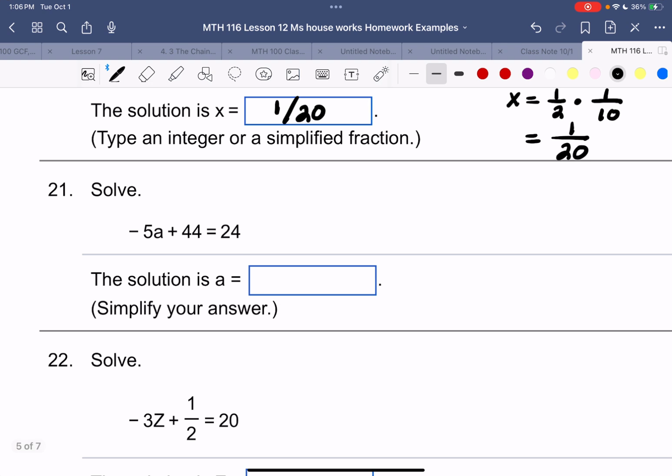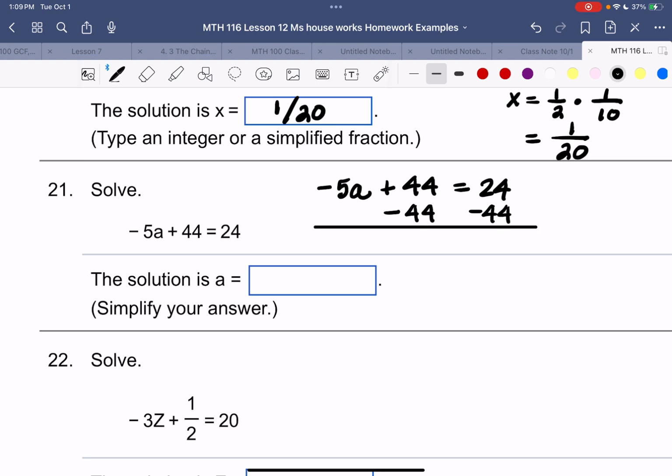Number 21. Negative 5a added to 44 is 24. So I'm going to want to move that plus 44 first. So I'm going to minus a 44. Follow the golden rule. Do it on both sides. Show your work. Show your steps.